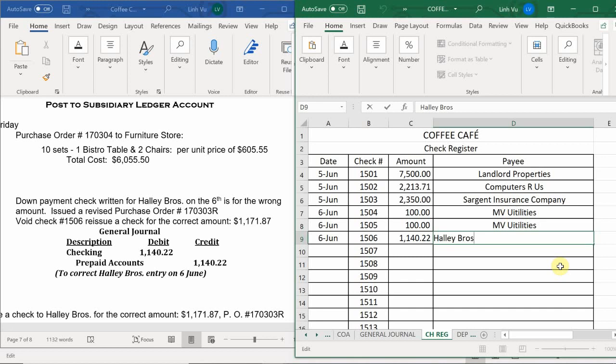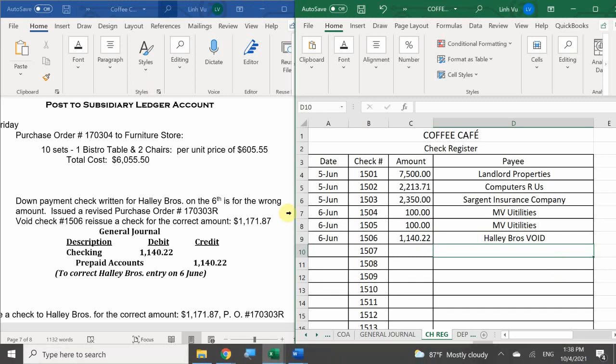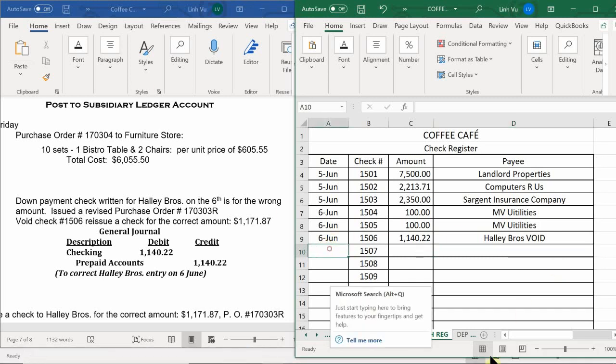No, but we have to void it, so we have to take it out from there and put the new one. Okay, so how do we put in a new one? We write a new one. Exactly, right? We literally have to write a new one because we already sent this amount out. So in this case, I needed to make sure that I do write a new check.